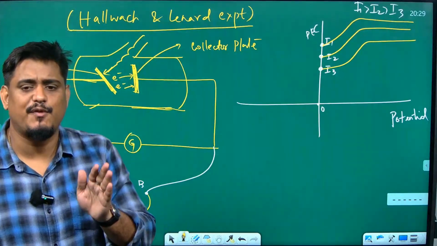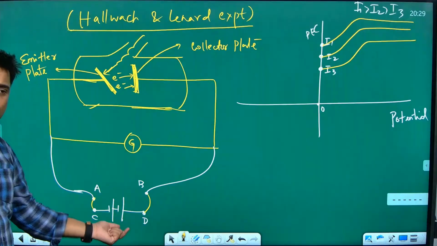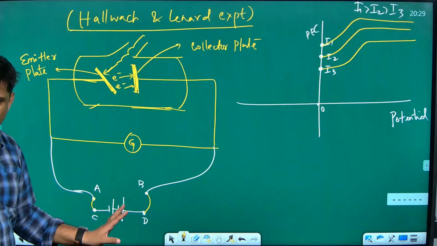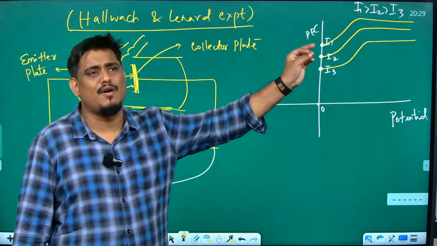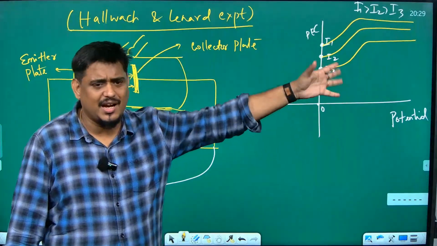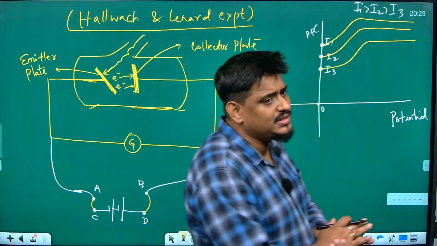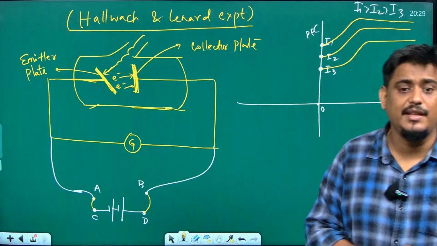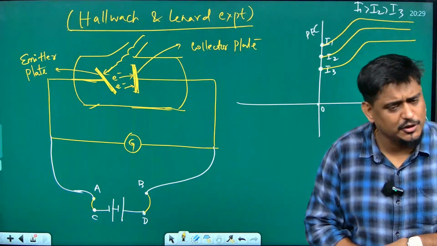So this is the observation. If I increase the potentials, for example, I gave 1 volt, 2 volt, 3 volt, 5 volt, 10 volt battery, then first it increased, and beyond that, whatever increase I do in the potential, current is not increasing, it becomes constant. Then Hallwachs and Lenard wanted to make the photoelectric current zero. How is it possible?